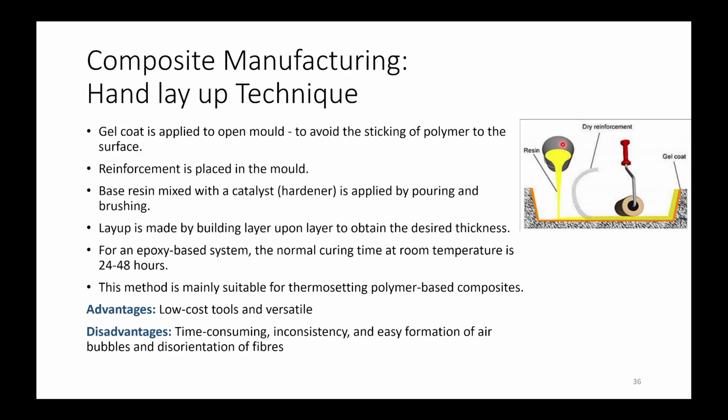It will be poured into this and then brushing using this roller will be giving it shape. Now layup is made by building layer upon layer to obtain the desired thickness. For an epoxy based system, the normal curing time at room temperature is 24 to 48 hours.